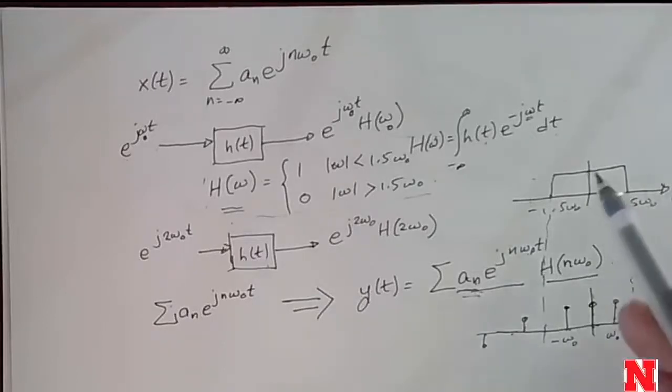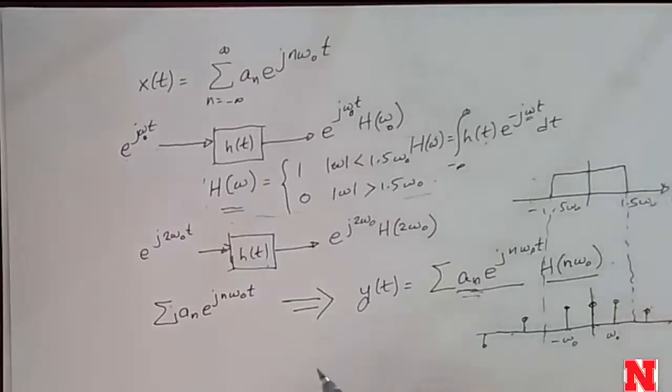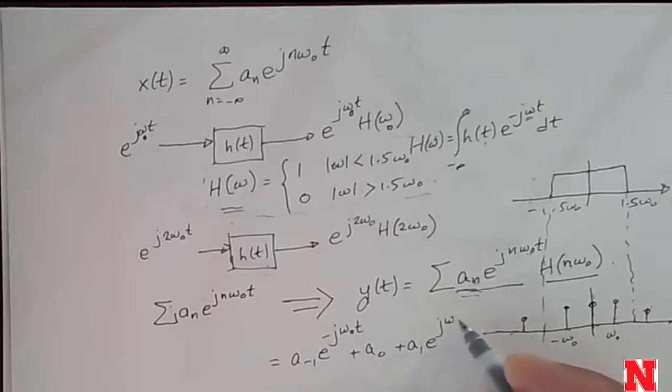These three coefficients are being multiplied by 1, so we'll get a sub minus 1 e to the minus j omega naught t plus a sub 0 plus a sub 1 e to the j omega naught t. Right?